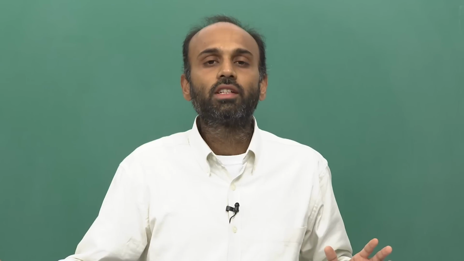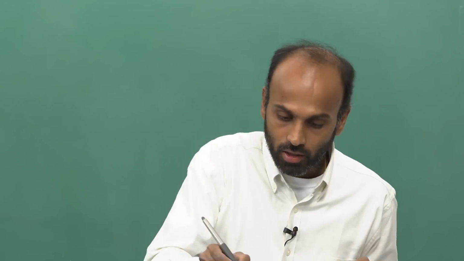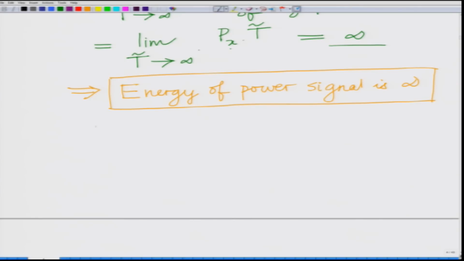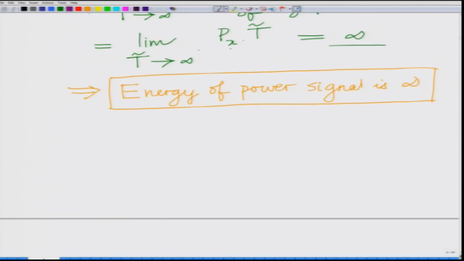Now, what kind of signal is a power signal? A special kind of power signal is a periodic signal. A periodic signal is a good example of a power signal. Periodic signals are very important in the context of communication, signal processing, and several other applications in electrical engineering. So, let us start this discussion about periodic signals.